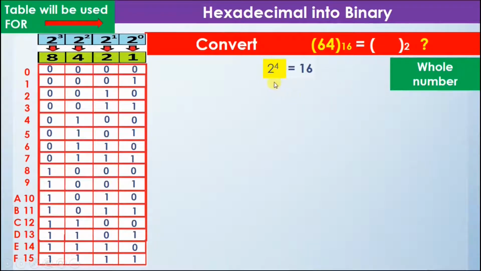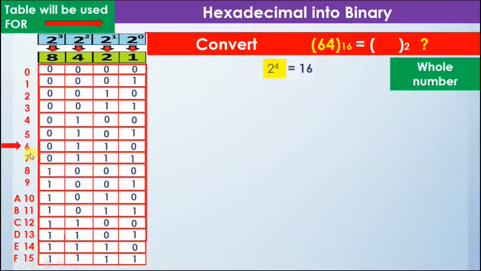So we know that 2 raised to power 4 is equal to 16. So we will have the table that has 16 rows, and we will have a table that has 4 columns. First of all, we will look at the value 6 and we will find the value 6 in the table. So where is the value 6 in the table?